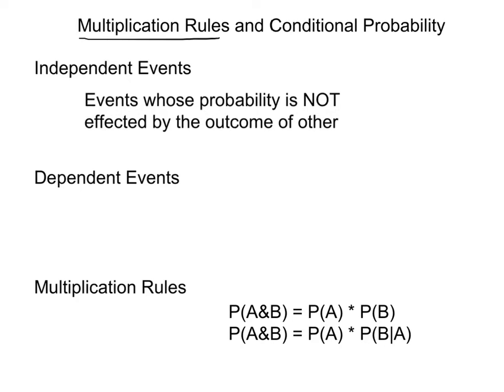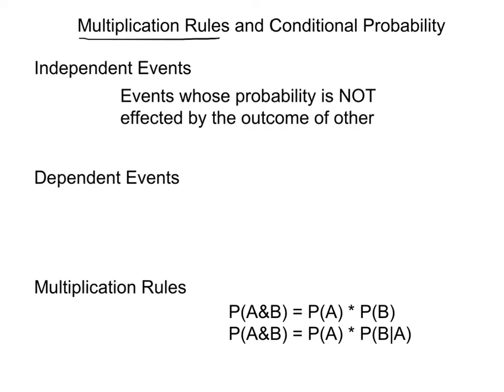So when we talk about independent events, we might be talking about an event like, for example, rolling a die. If I roll a 1 on the first die, rolling a 1 or a 2 or a 3 on the second die is not affected. Flipping a coin.